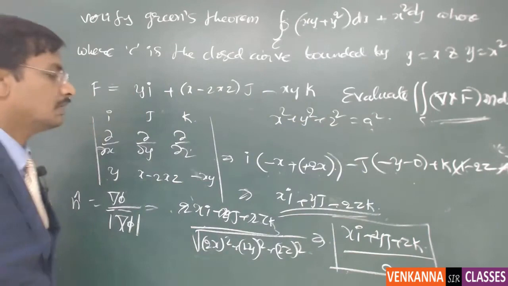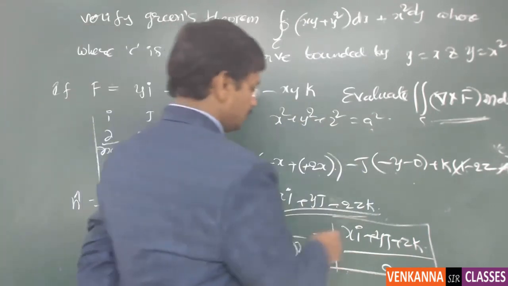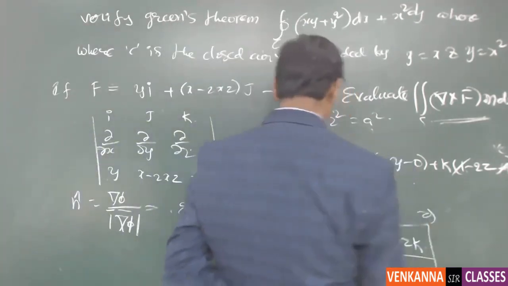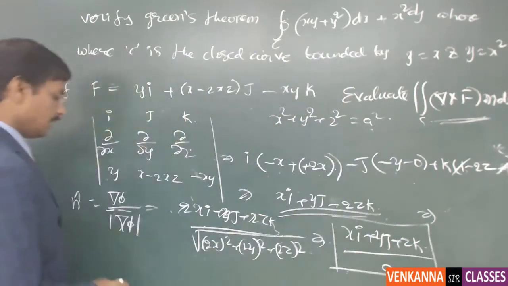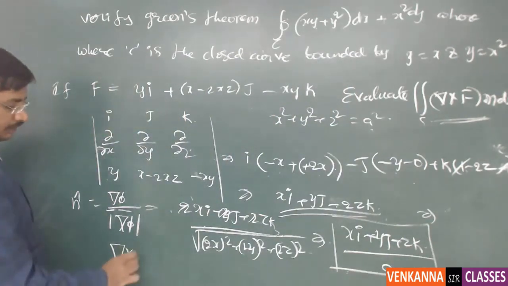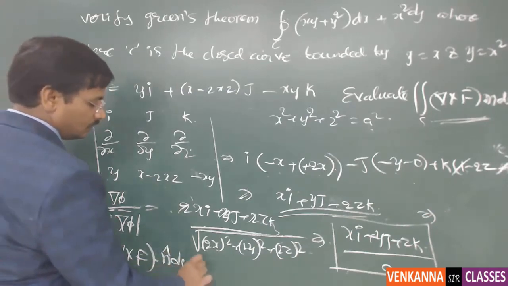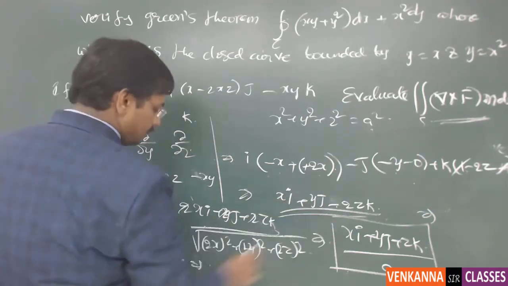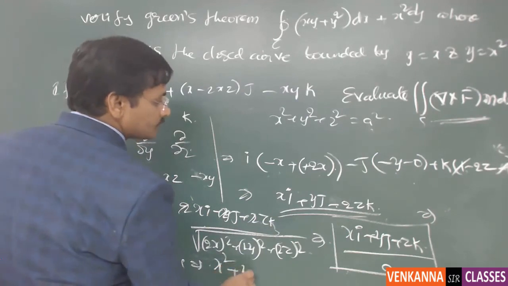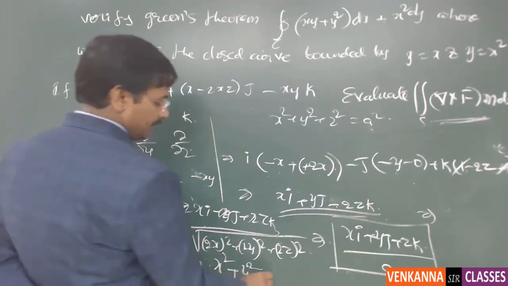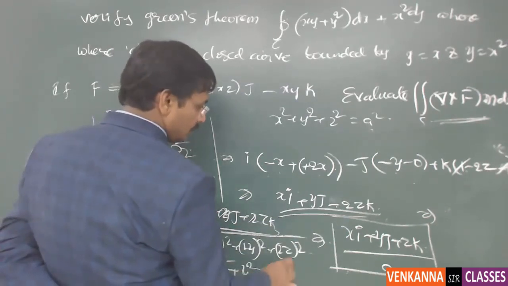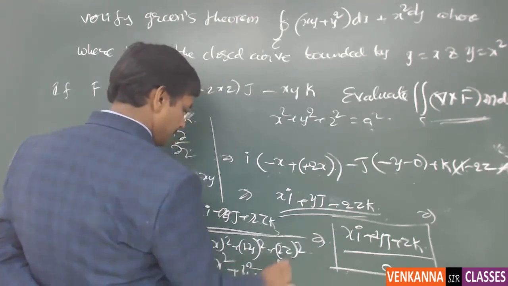Now the dot product of these two, del cross F dot n cap ds, is going to be x into x is x square, plus y square, minus 2z square, divided by a.